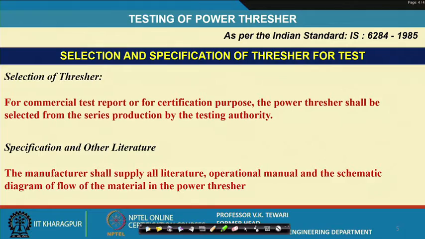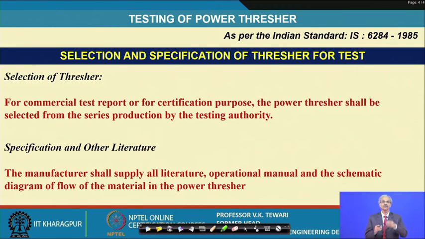We have not modified anything about the parameters and the procedures and the data to be collected and to be reported. But since it is very essential, as an agriculture engineer, you would be required to test these and then certify. So, you must know the procedure behind doing so.